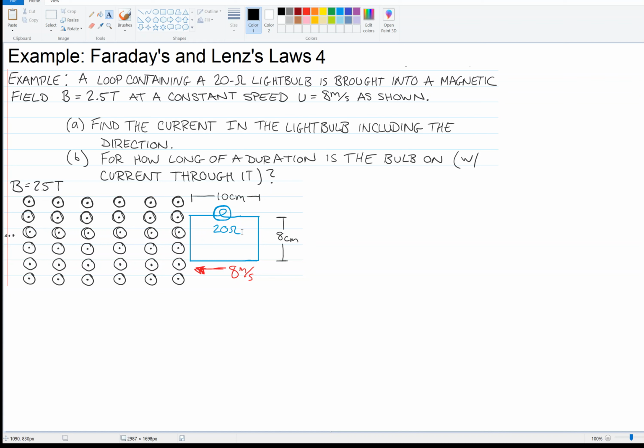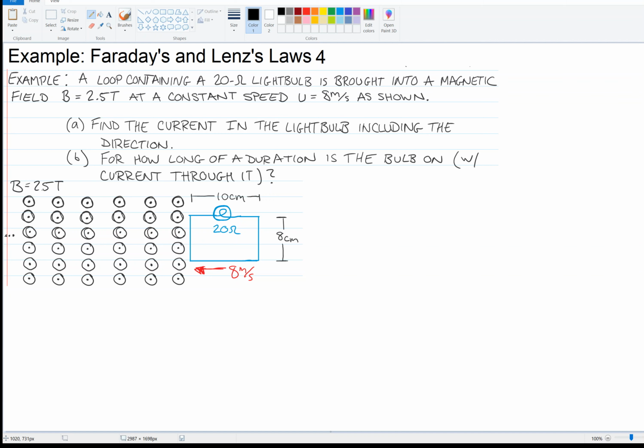So if you brought the loop all the way in, then the flux would not be changing anymore, and so then you would have no current through the light bulb, and the light bulb would not be on. But at the very beginning, when you're bringing the loop in, the flux is increasing, and so a change in flux means an electromotive force and current through that light bulb.